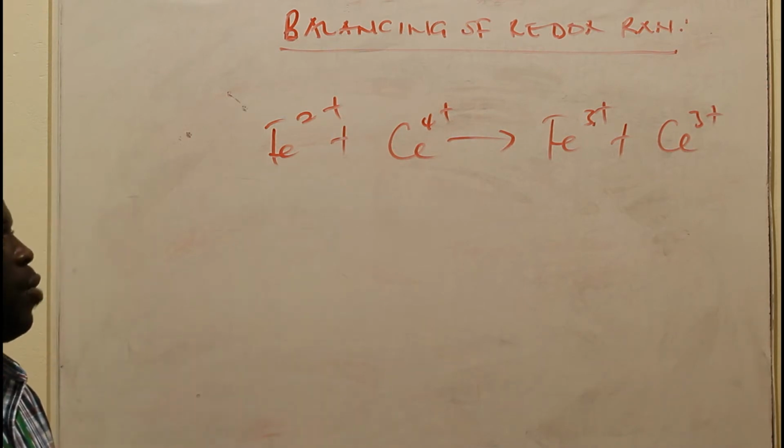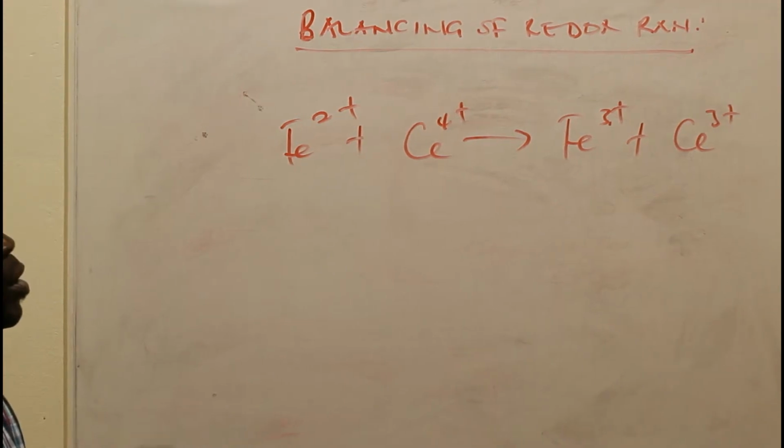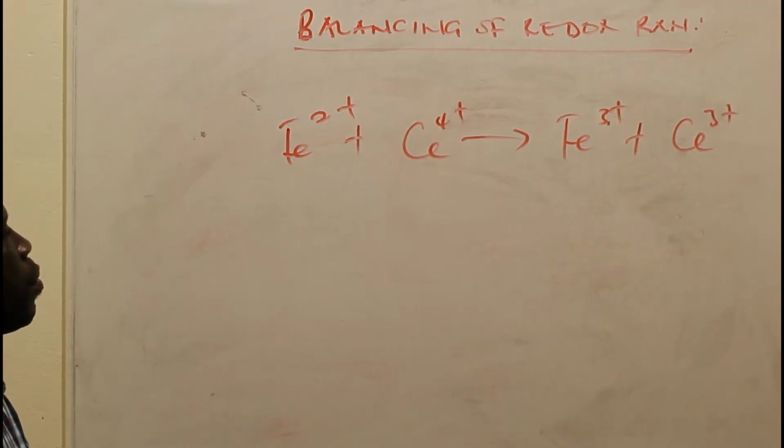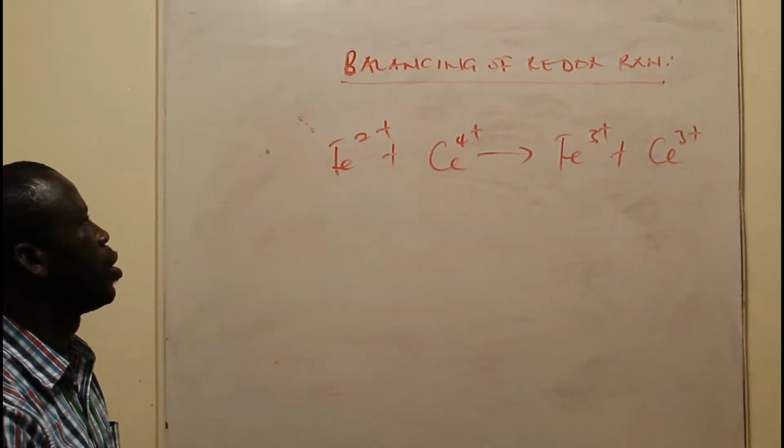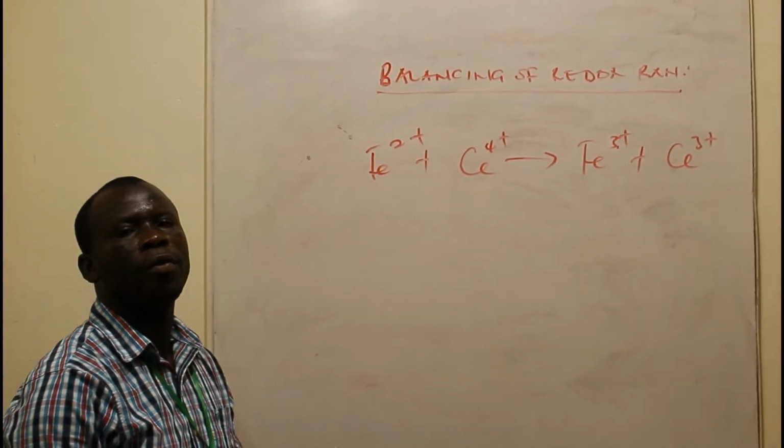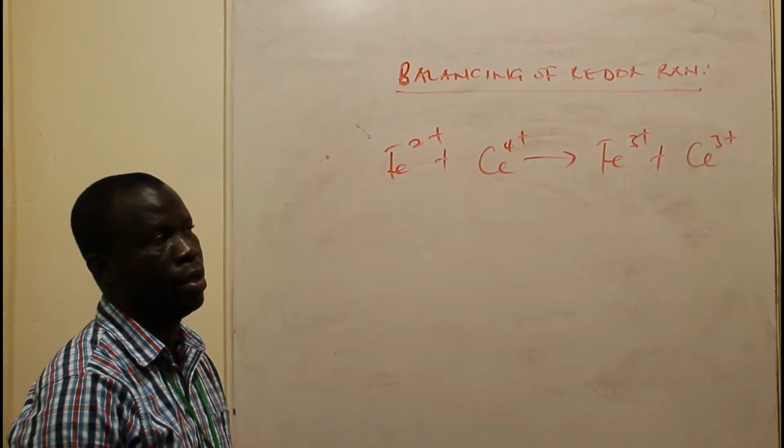In balancing redox reactions, we will go through some steps. Now, the first step is to separate the equation into half equations or half reactions.